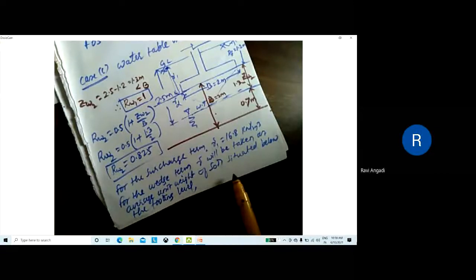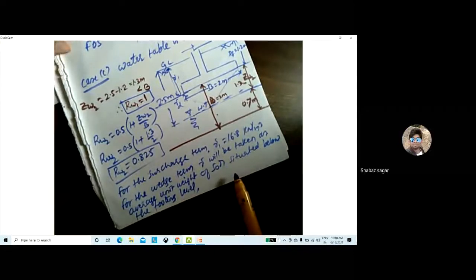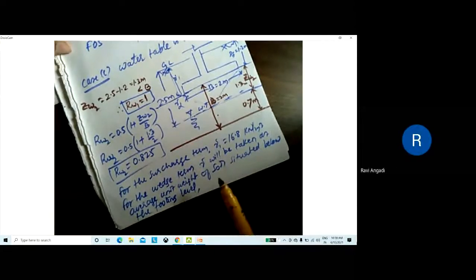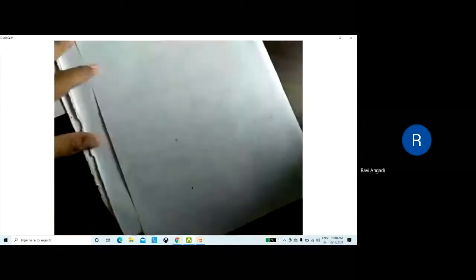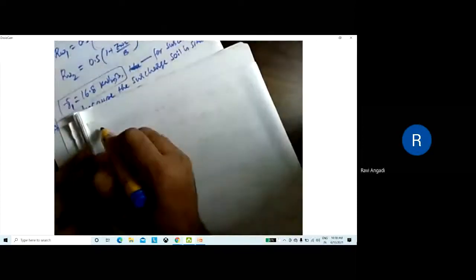Is it over? Yes, sir. Then the footing level after this one. Since the soil, right here, it's very important.